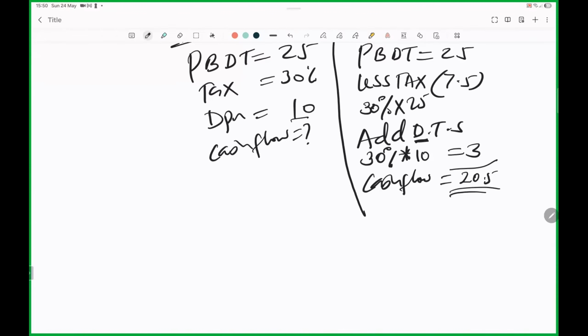So we have learned something very important. Which concept have we picked here? The concept of no tax, no depreciation. Just like some other movie, no retreat, no surrender, no tax, no depreciation.